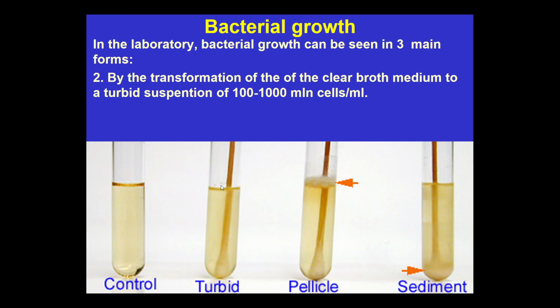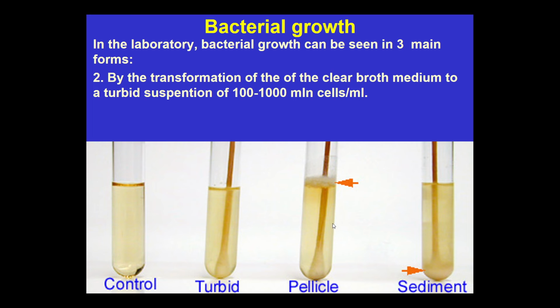Most commonly, bacteria form a uniform turbidity in the medium. That is the non-inoculated medium; here the medium is clear, here it is not clear. It is turbid. That is a sign of bacterial growth there. And usually, if we have this turbid suspension, we may have 100 to 1,000 million cells per milliliter.